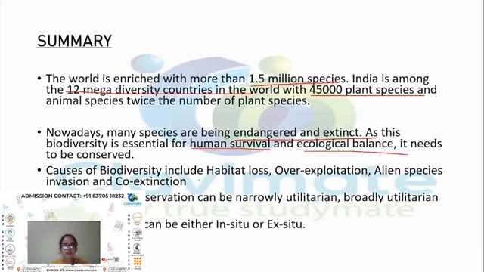Habitat loss, over-exploitation, alien species invasion, and co-extinction may be the reasons for biodiversity losses. The reasons for conservation can be narrowly utilitarian, broadly utilitarian, and ethical. And conservation can be either in situ or ex situ.